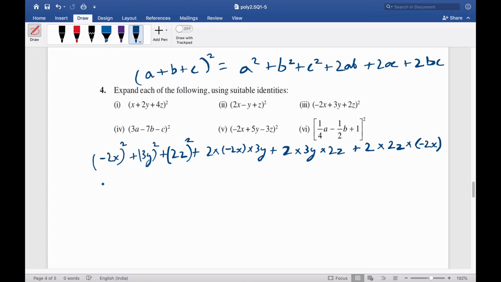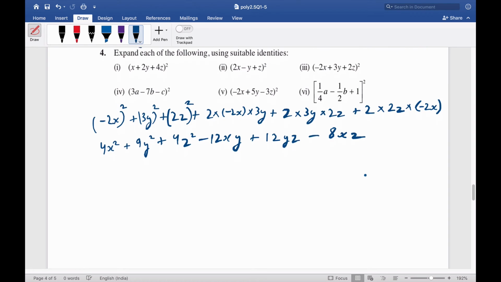So this will give me 4x square plus 9y square plus 4z square minus 12xy, then plus 12yz minus 8xz.